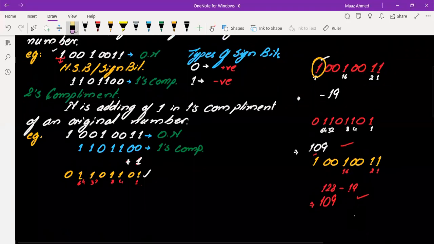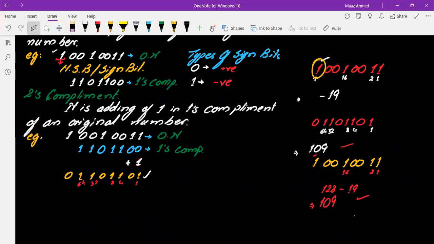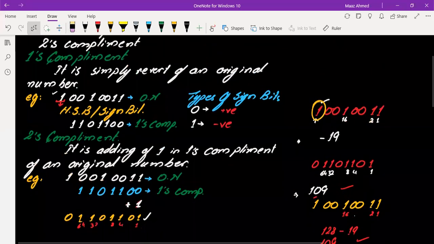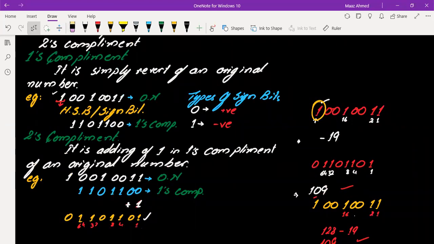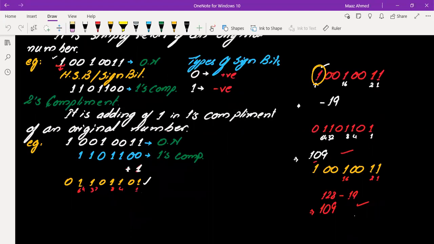So now moving ahead, we need to check what number was given to us in binary format. This was the original number provided to us: 11001001. Now how can we convert it into decimal format?